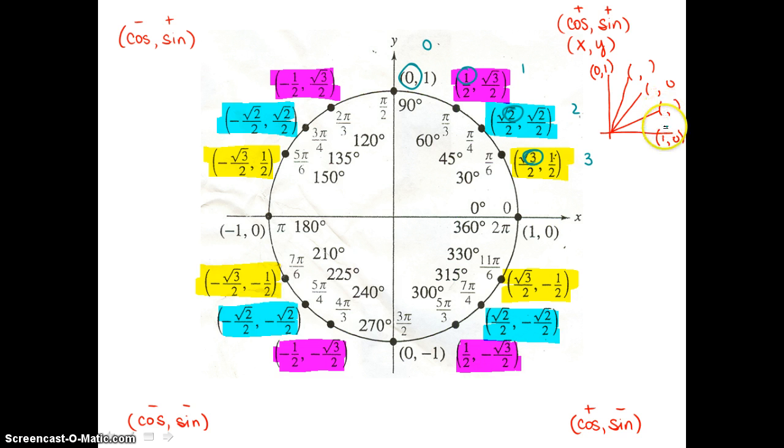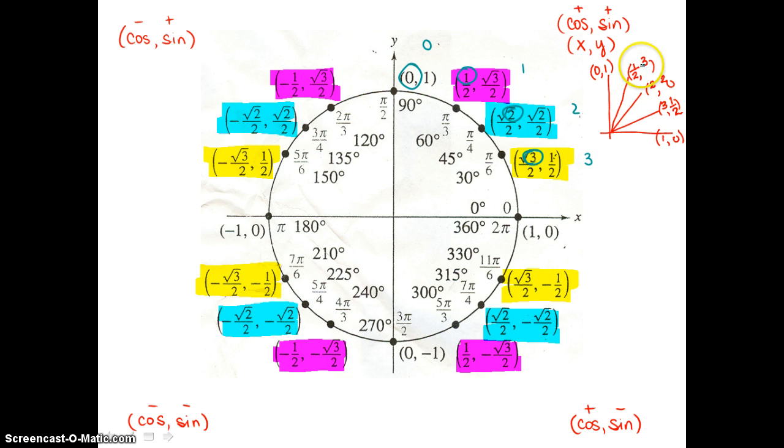So I can go through and say, starting with 0, 0, 1, 2, 3, and starting here with 0, 0, 1, 2, 3. The only thing I have that has a 1 in the numerator out of 1/2, square root of 3 over 2, and square root of 2 over 2 is 1/2. So that tells me what those are.